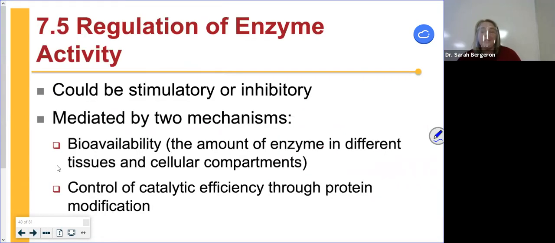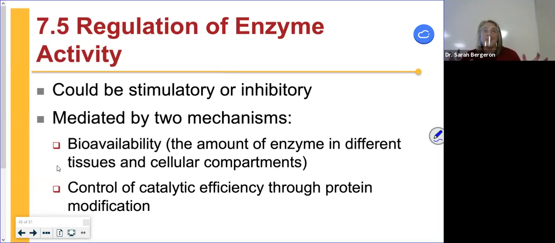Okay, so now we get to talk about how we regulate enzymes. When we regulate enzymes, proteins are the prime choice because you can modulate their activity in so many different ways, right?